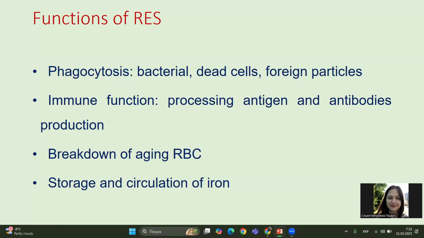Functions of the reticuloendothelial system: phagocytosis of bacteria, dead cells, foreign particles, processing antigen and antibody production, breaking down of aging red blood cells, and storage and circulation of iron.